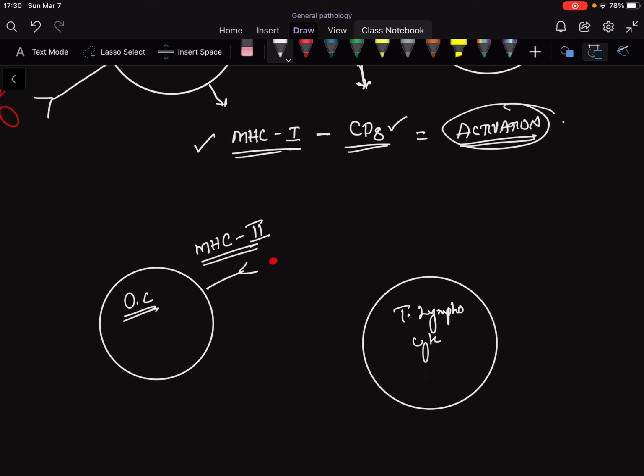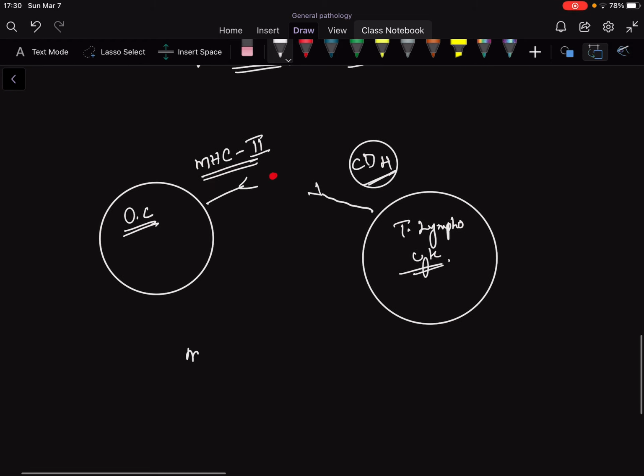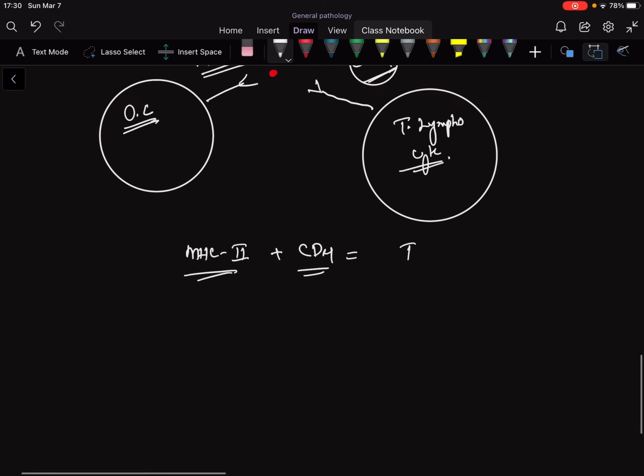So the MHC class 2 receptor only activates, so these T lymphocytes have CD, it is CD4. CD4 is the right answer for this one. So MHC class 2 receptors will only activate CD4 positive T lymphocytes, and then the T lymphocyte gets activated.